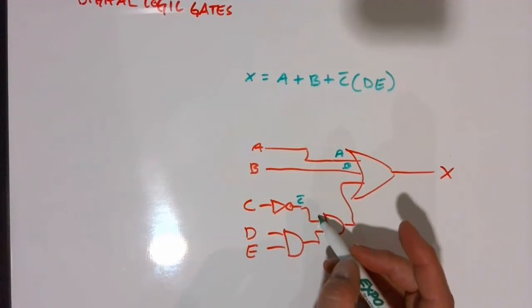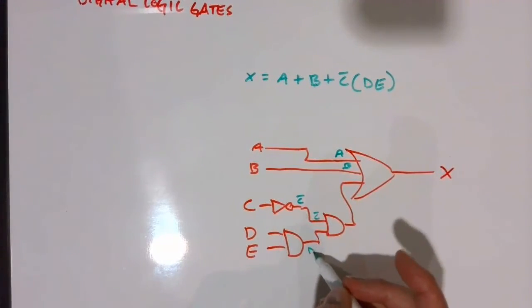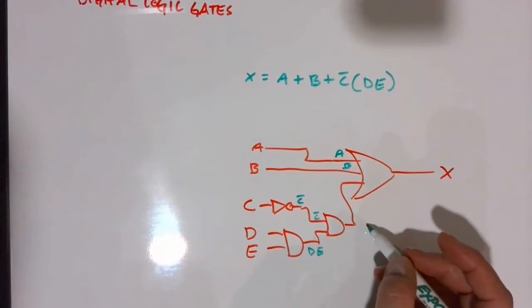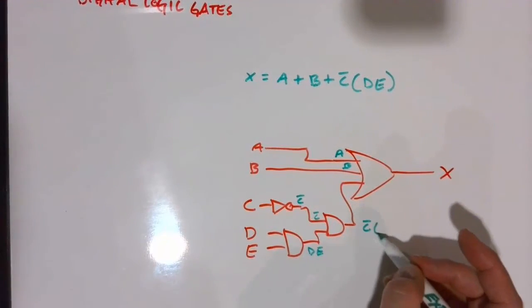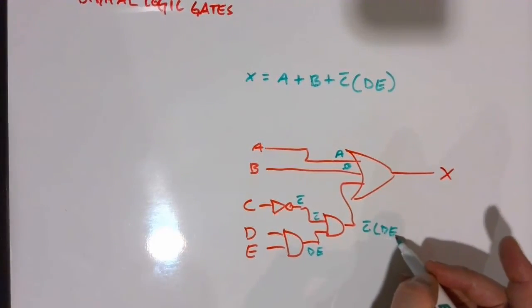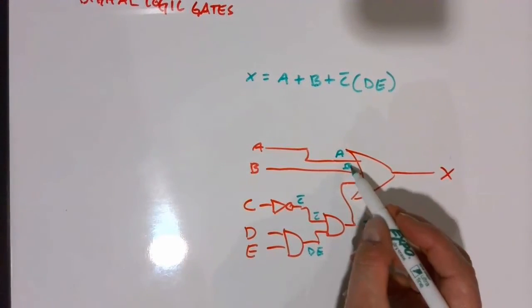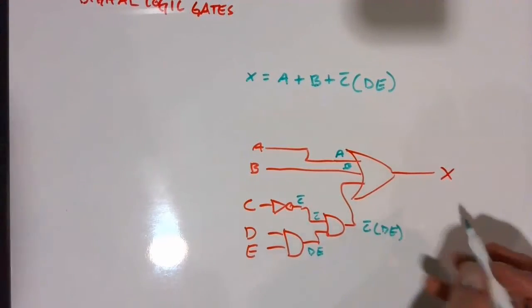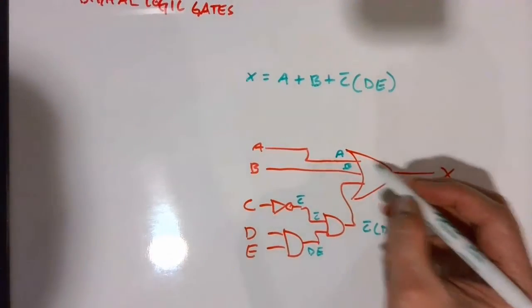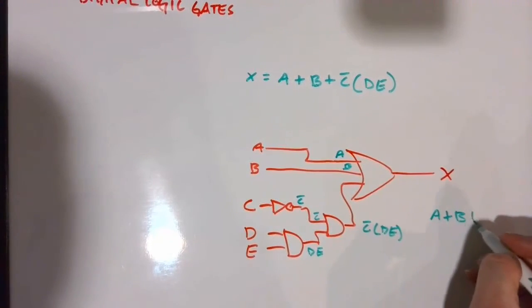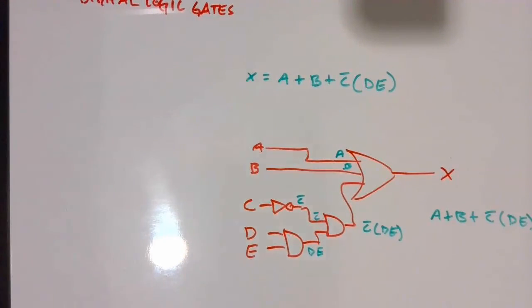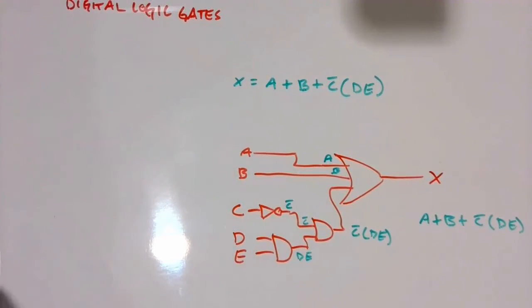I've got C not here, and then we have D and E. So if we look at this output here, we have C not ANDed with D and E. And if we OR that with A and B, we end up with A or B or C not and DE, which checks with what our original equation was.